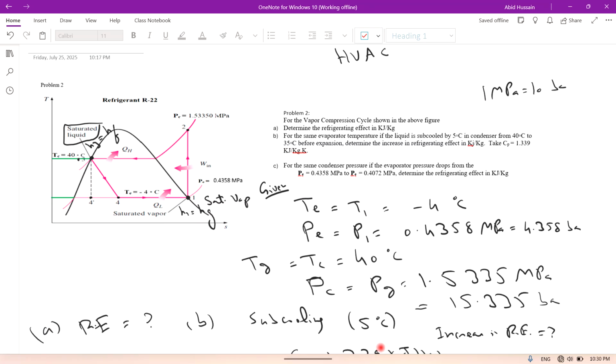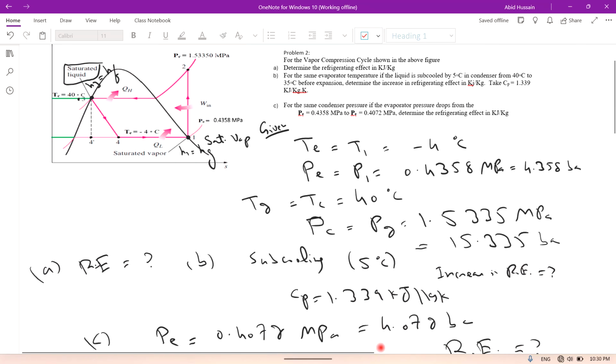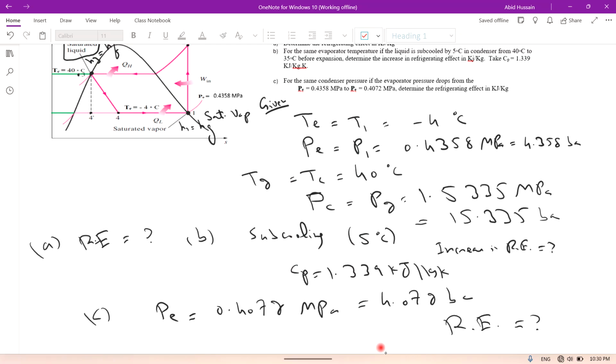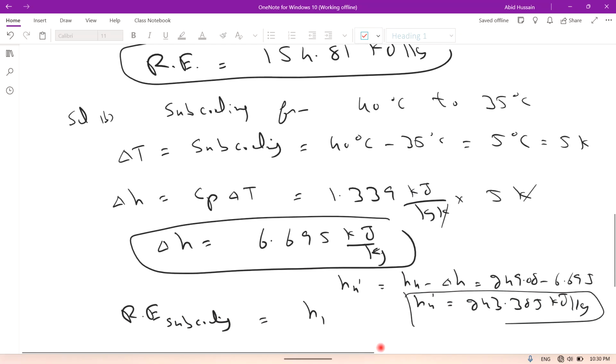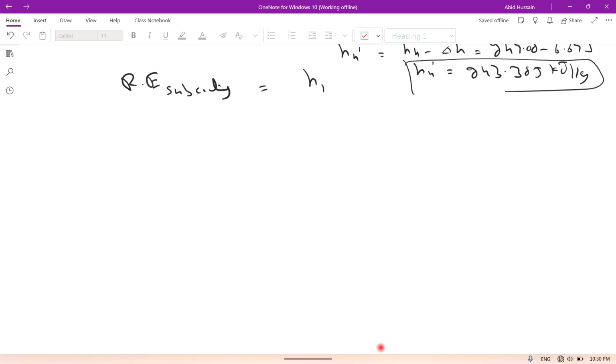Enthalpy H4 dash is less than H4. Now refrigeration effect is H1 minus H4 dash. So H1 is 403.89 kilojoule per kg minus H4 dash, 242.385 kilojoule per kg.